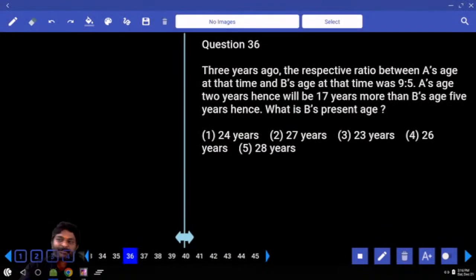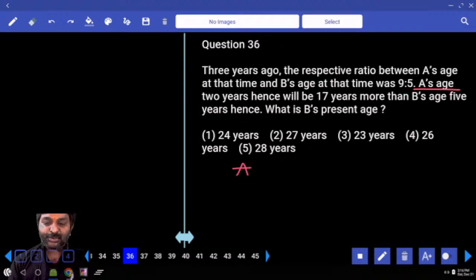Three years ago, the respective ratio between A's age at that time and B's age at that time was 9:5. A's age 2 years hence will be 17 more than B's age 5 years hence. B's present age is, let me start with this statement.